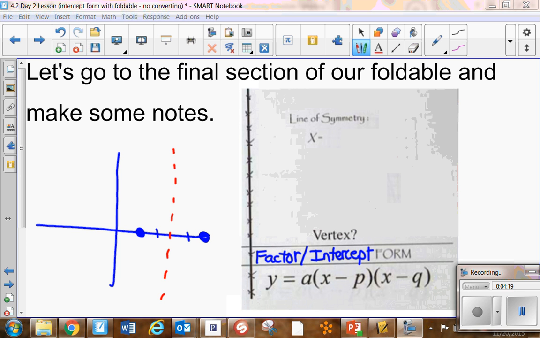So if I have these 2 points, and they have to be symmetrical around the line of symmetry, what can I do to find what's exactly between my 2 x-intercepts? How do you find the distance between 2 points?